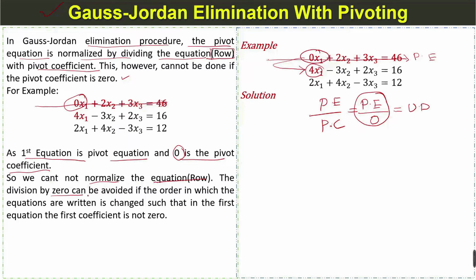The division by 0 can be avoided if the order in which the equations are written is changed such that in the first equation the first coefficient is not 0. So we change the order of the equations, putting first the one whose first element is not 0. For example, we change the order, and this will come first and this equation will be in second position. This is the pivoting.